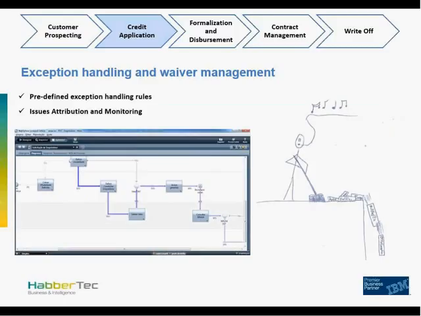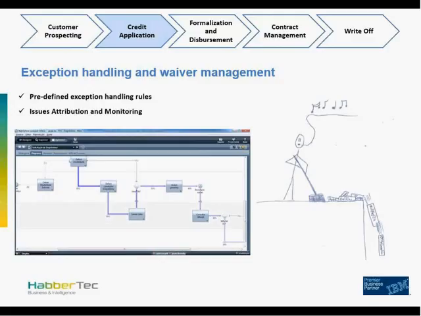It's key to have all types of exception handling rules pre-mapped so that we know the exception path very clearly, and we don't transform an exception into something that we do all the time and in different manners. We just do it in a standard way, so it also mitigates a lot of operational risk, and sometimes it also mitigates credit risk.